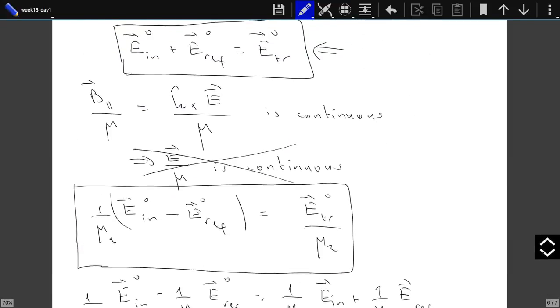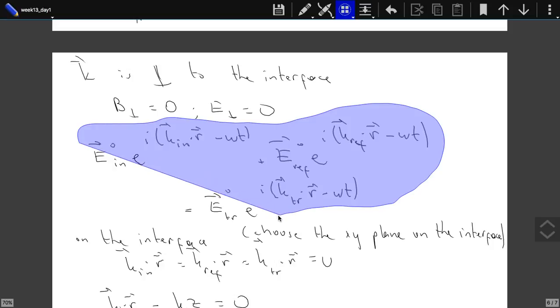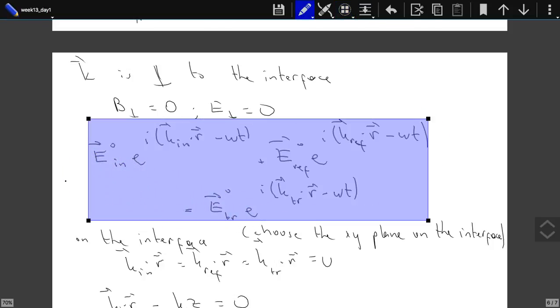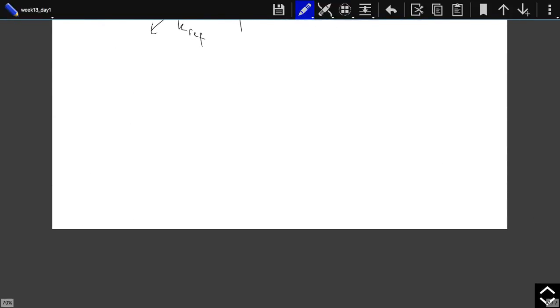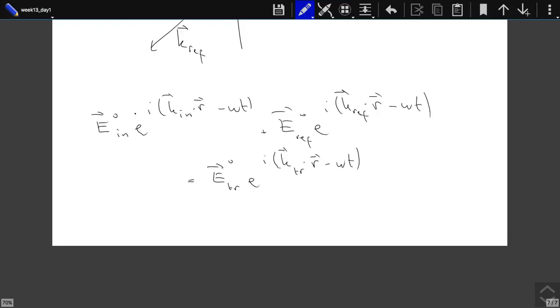Now first let's write this condition. This condition will still hold when we were writing this condition. Well, this was, let's say, the parallel component. This is the continuity of the parallel component.